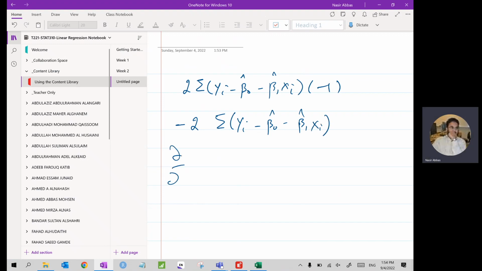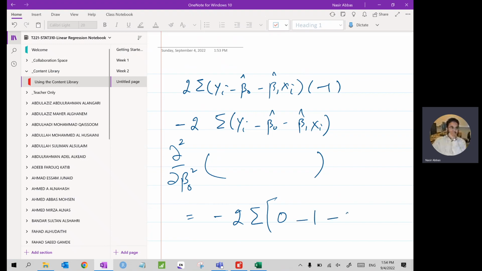With respect to beta naught, it will be the second derivative now. I put squares. So it will be -2, also summation, and the derivative will go inside the constant and summation, everything. What is the derivative of y with respect to beta naught? It should be -1, right? The derivative of y, only y with respect to beta naught, is 0. Derivative of minus beta naught with respect to beta naught, -1.